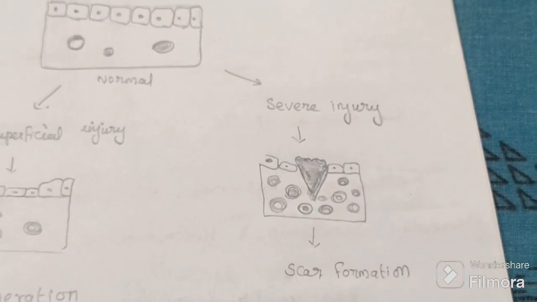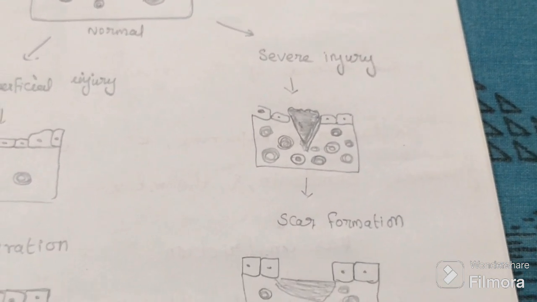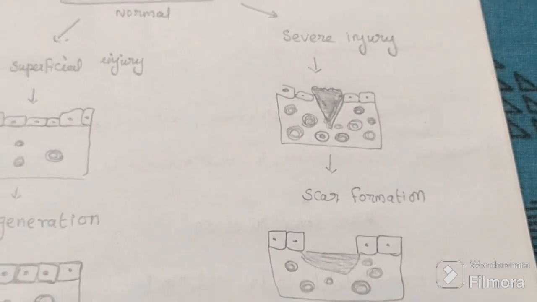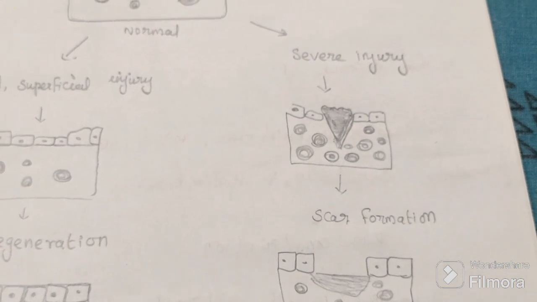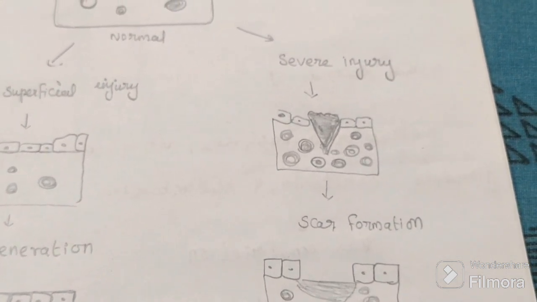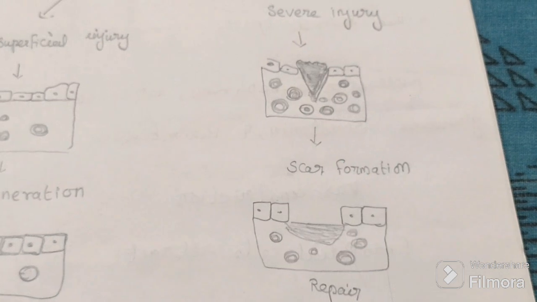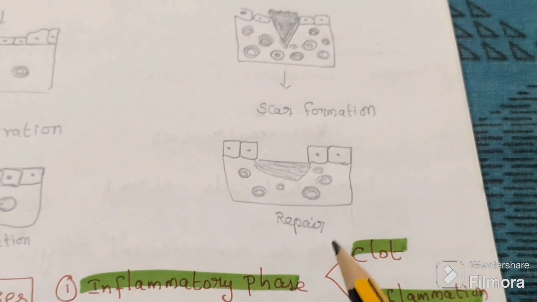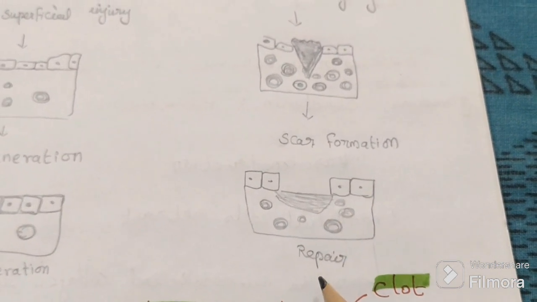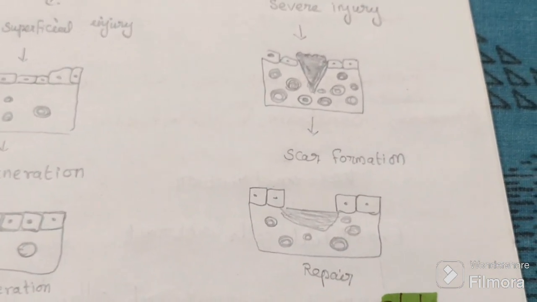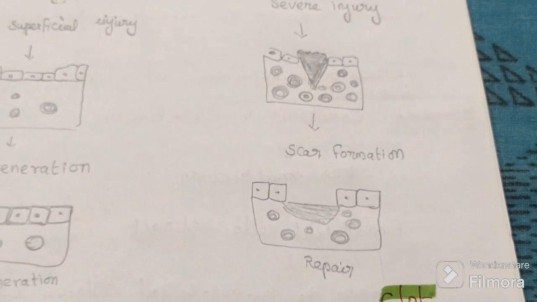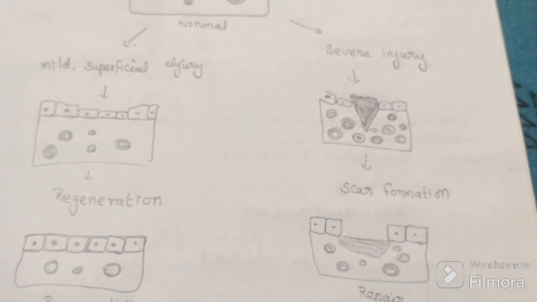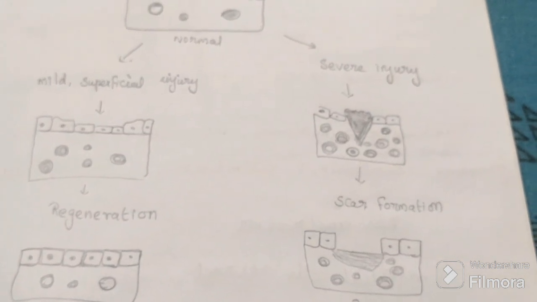The same cells are not restored. Instead of that, a scar will come. A new type of cell will come. So the end result is scar formation. It can never restore the normal structure and function.